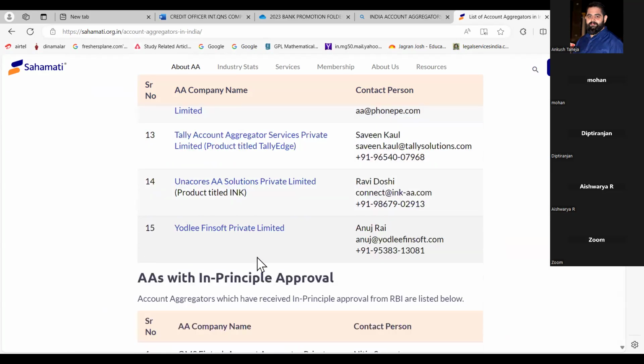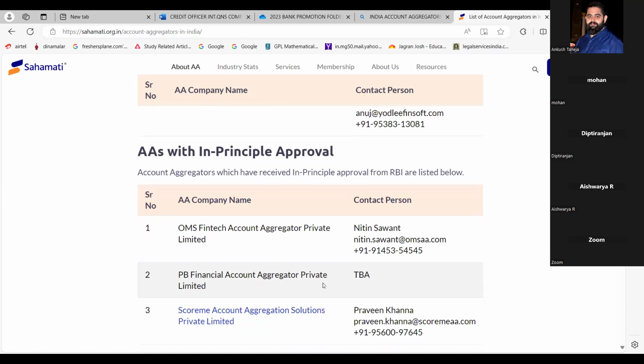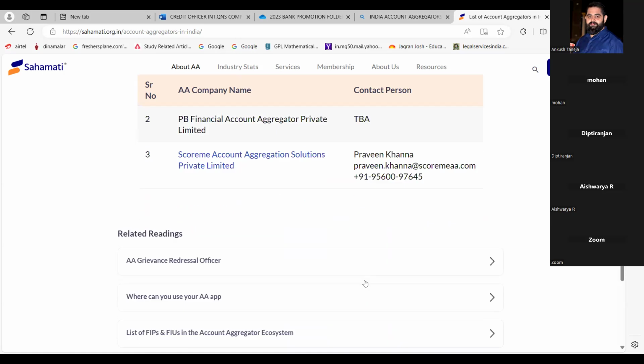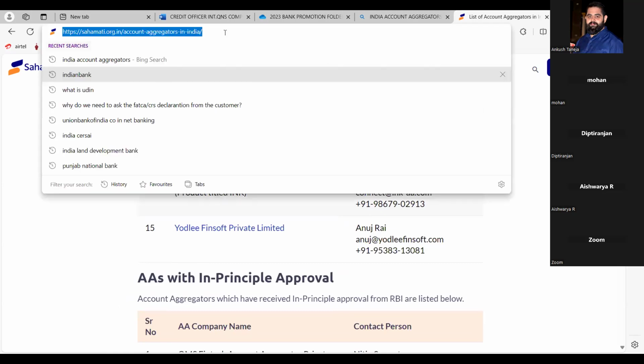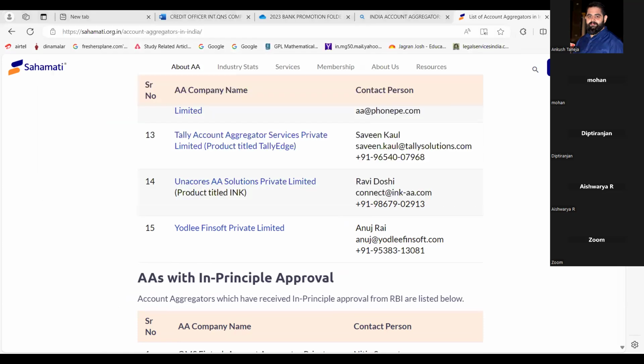These are the AAs with in principle approval. So I am in this line, even then I am not familiar with this. Not feeling bad. I am giving you this link in our WhatsApp group.